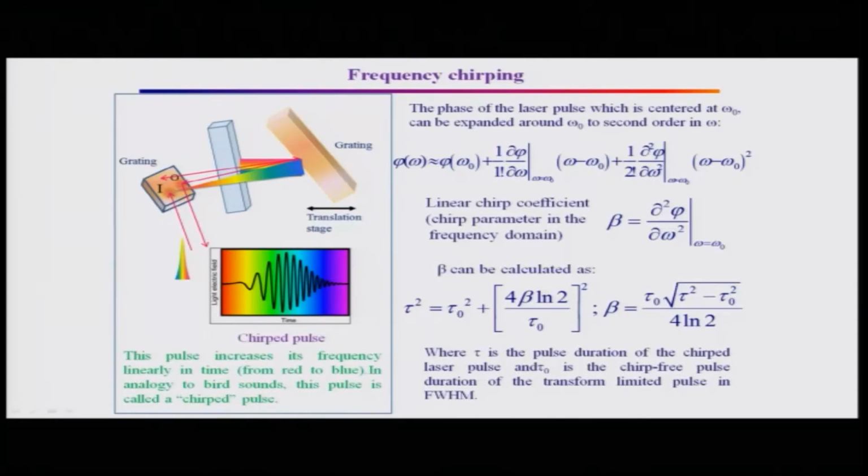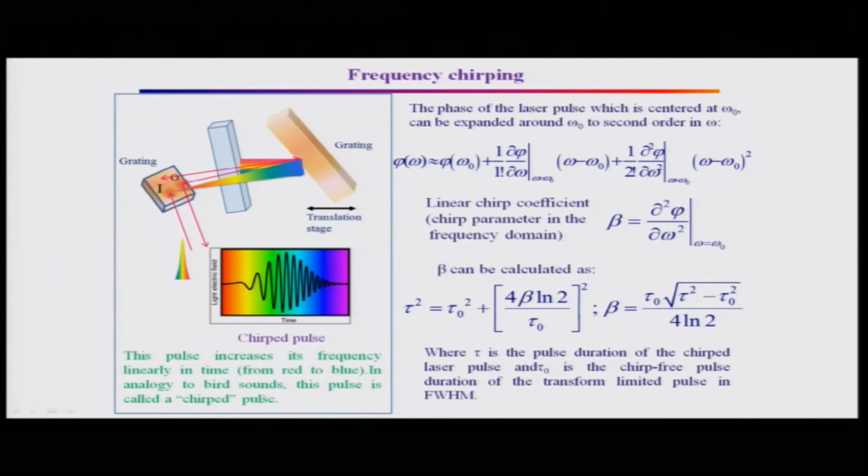This is connected to the idea that chirp is a term which has been around for a very long time. It has been adapted from the concept that birds make frequency modulating sounds, and that is how the chirping of birds has been associated with this principle of chirp pulses.